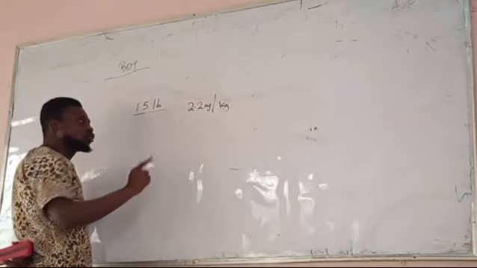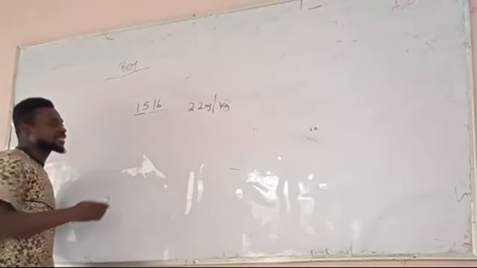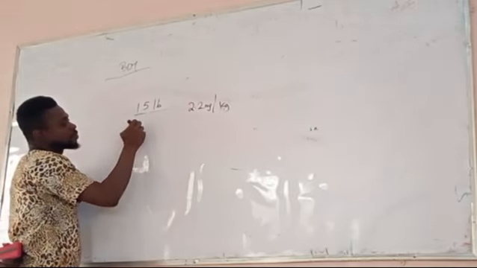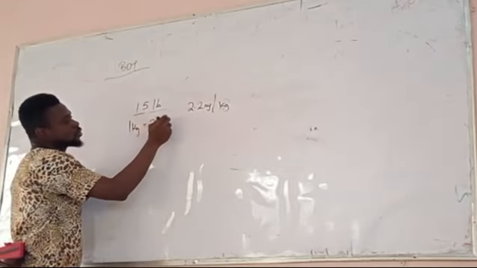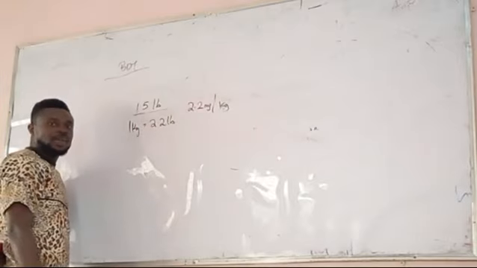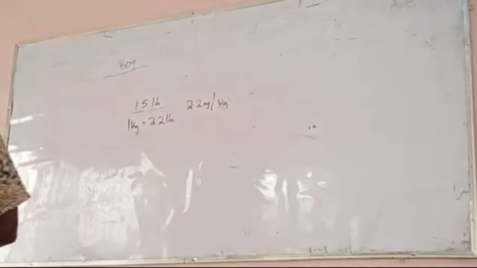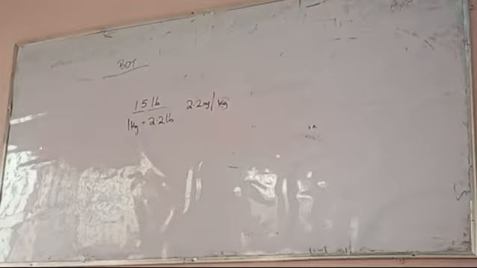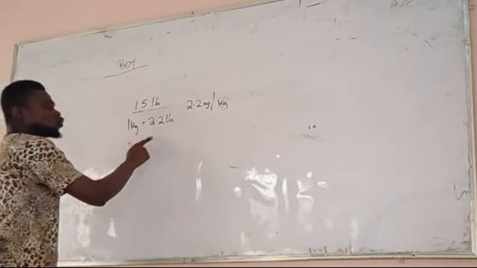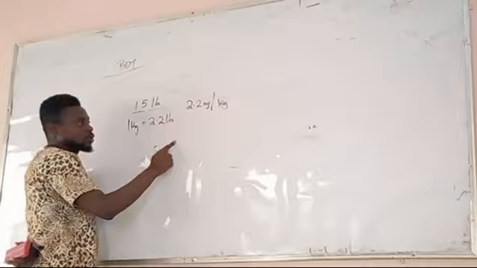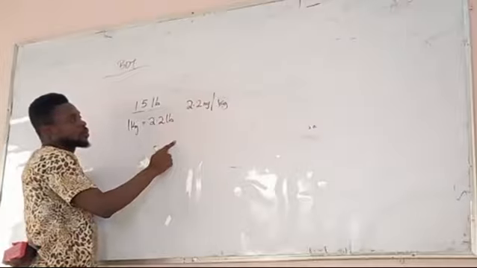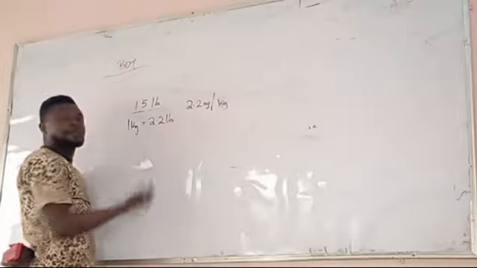So let's do the conversion. There's a conversion factor that says that 1 kilogram is equal to 2.2 pounds. So if 1 kilogram is 2.2 pounds, how many kilograms will be 15 pounds?